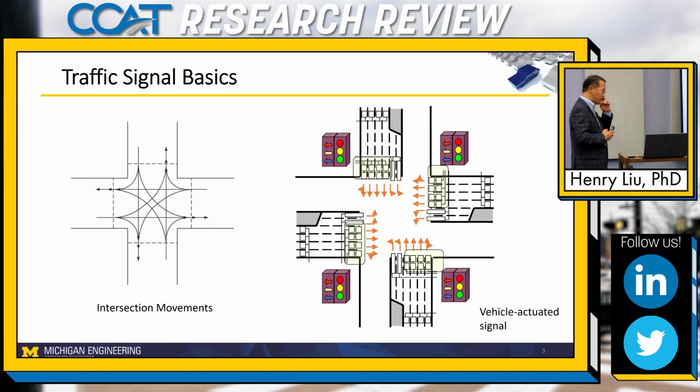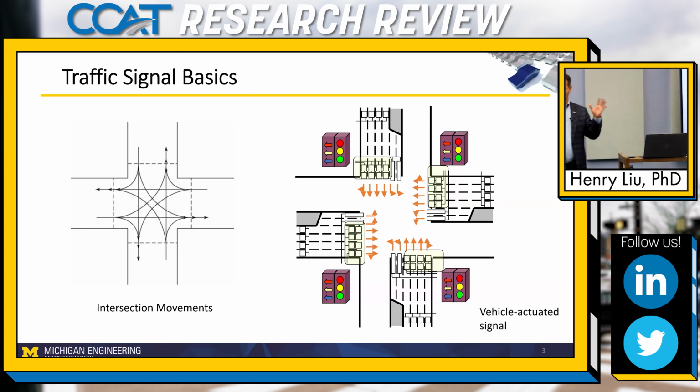So I want to start with some very basics of traffic signal control. If you look at the left picture, for a regular four-leg intersection, for vehicular traffic, you have 12 movements. Each leg has left turns, through, and right turns.